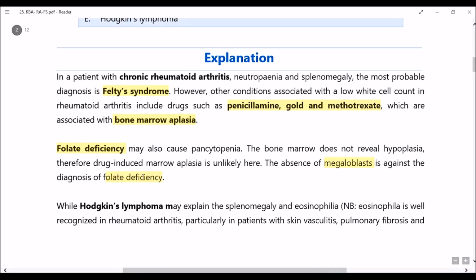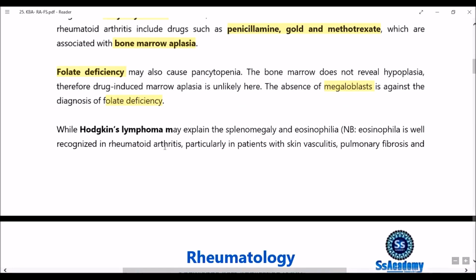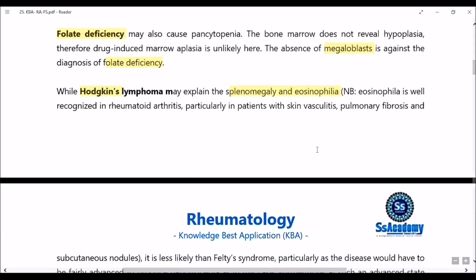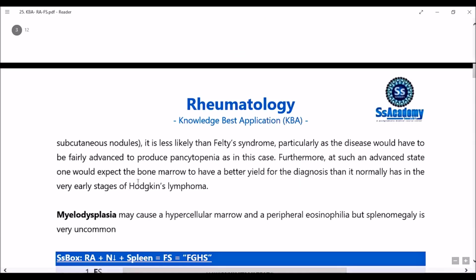In a bone marrow study, look for megaloblasts. Hodgkin's lymphoma may explain the splenomegaly and eosinophilia. Eosinophilia is well recognized in rheumatoid arthritis, particularly in patients with skin vasculitis, pulmonary fibrosis, and subcutaneous nodules, and Hodgkin's lymphoma is less likely than Felty syndrome, particularly as the disease would have to be fairly advanced to produce pancytopenia, as in this case.